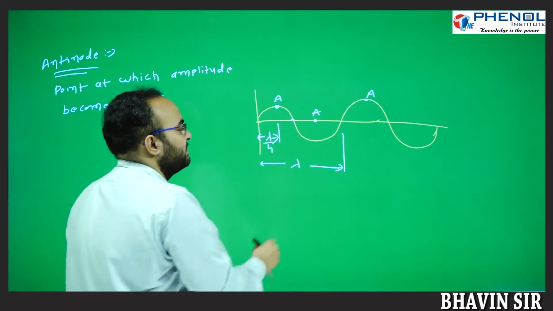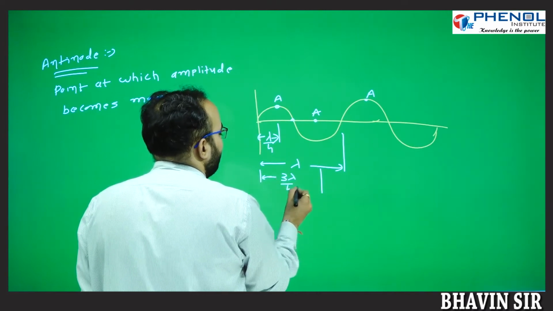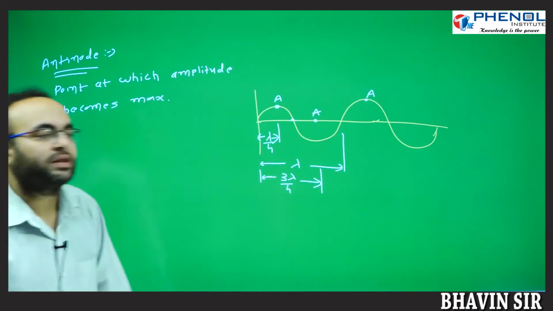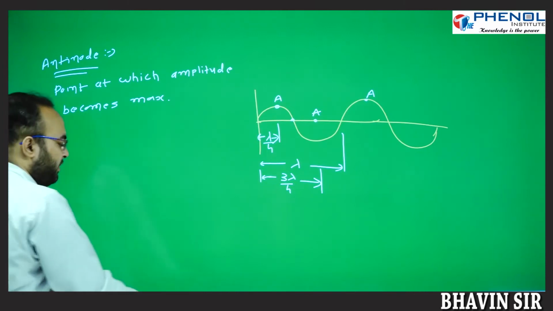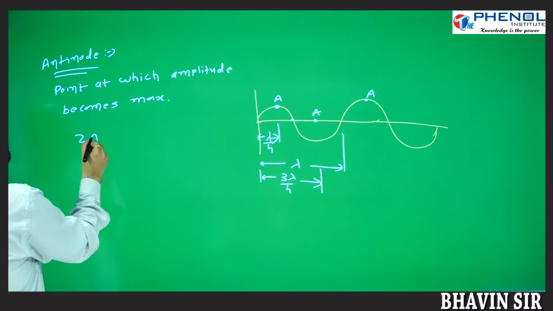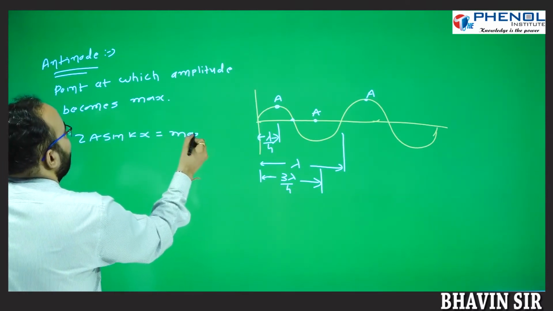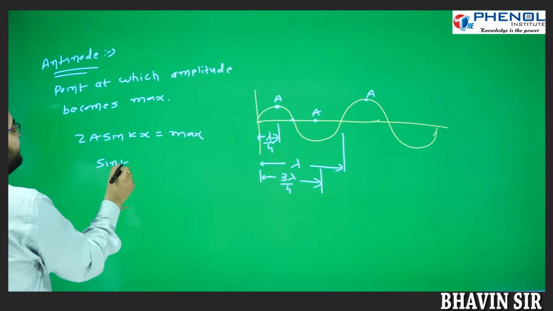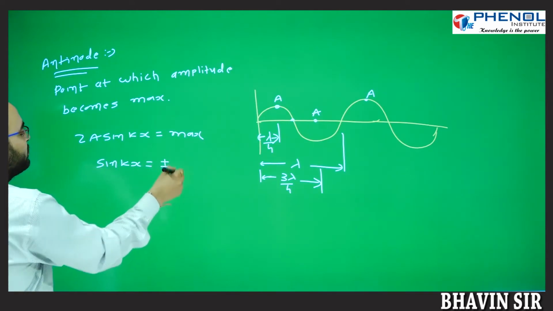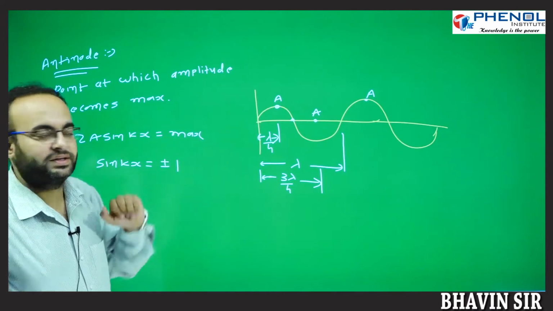So this distance is 3 lambda by 4. But how do we obtain it, students? How to obtain the amplitude becoming maximum? So what is the amplitude? 2a sine kx, that becomes maximum. And what is that value? Plus or minus 1. Upward plus 1, downward minus 1.